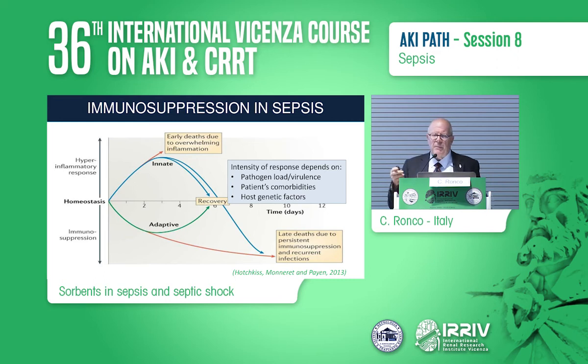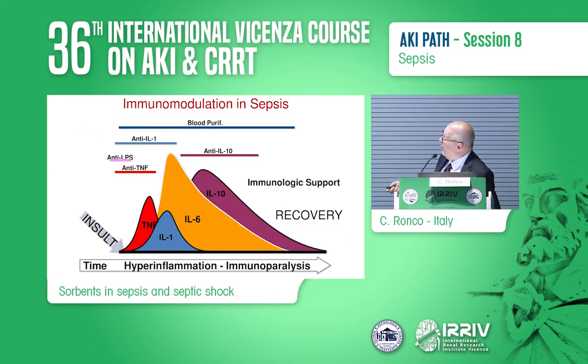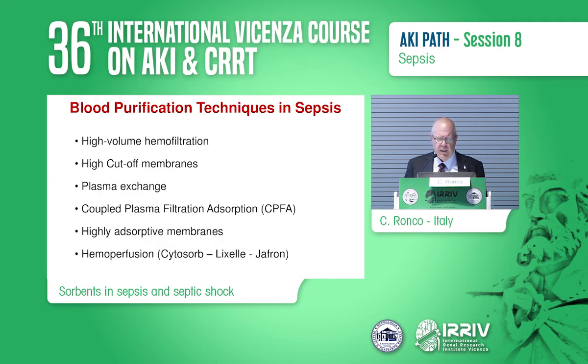So the problem is we have no way to monitor where the patient status is. Maybe in the very first phase we need anti-TNF, later on anti-IL-1, and then later on anti-IL-10 because the patient is in the immunodepressive state. So blood purification systems actually probably cover all the different phases, and the idea is to provide immunological support.